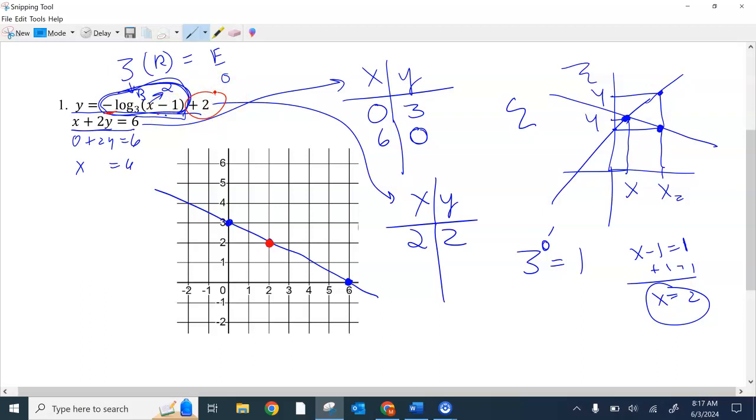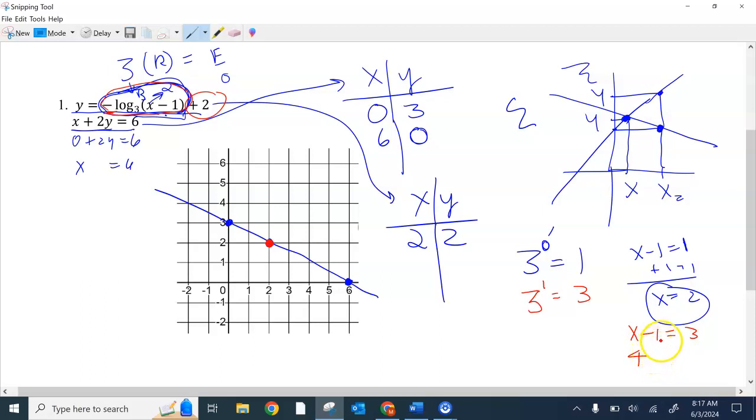But let's just put in another number. What would be another good number to do? Well, 3 to the power of 1 is easy, equals 3, right? Again, that's for the whole thing. That's for the result. So I'd go x minus 1 equals 3. So x would have to be 4, right?